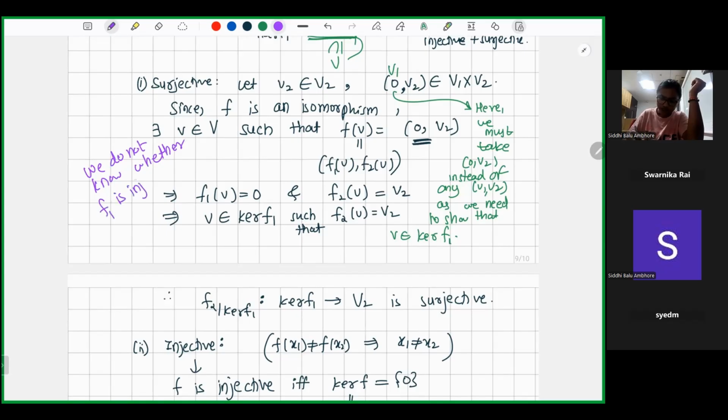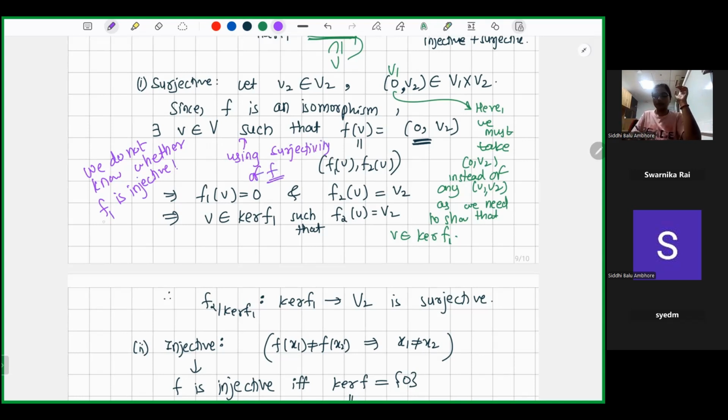Okay. We are taking this from the surjective point of view. Here, there exists v such that f of v is this, and here we are using the surjectivity of f and not the injectivity.